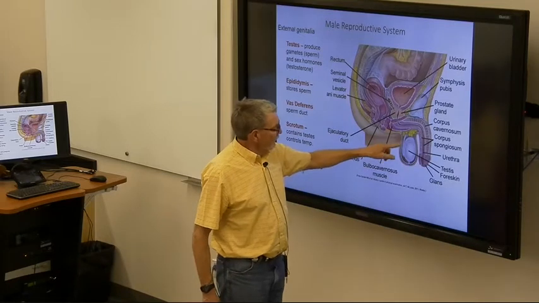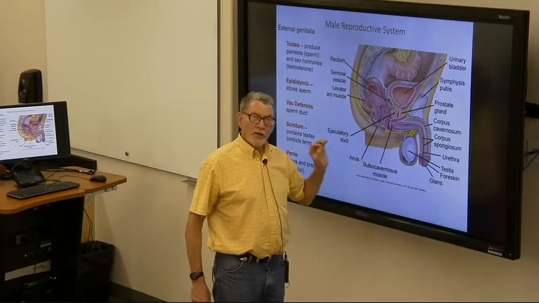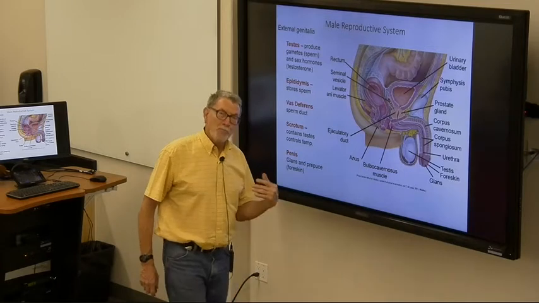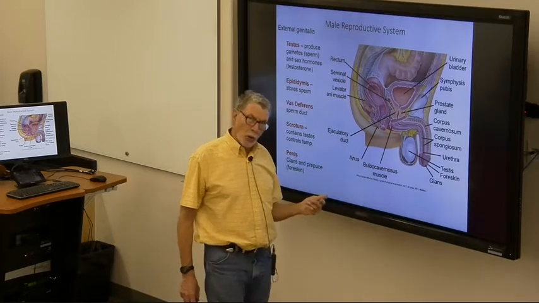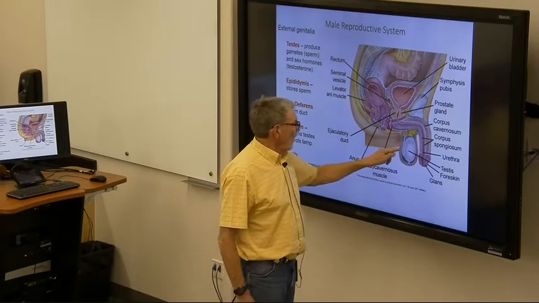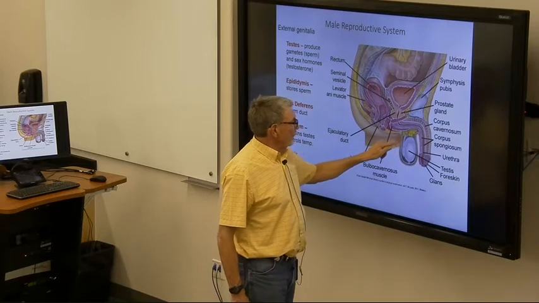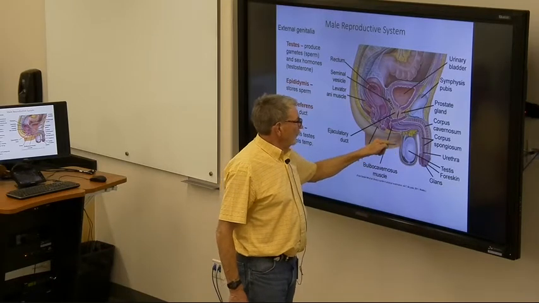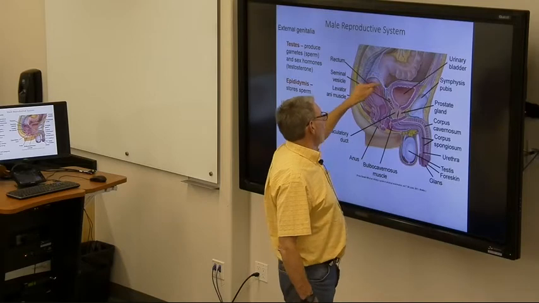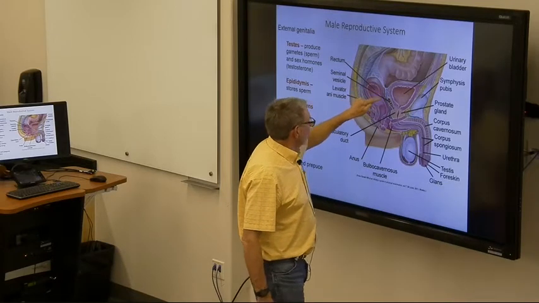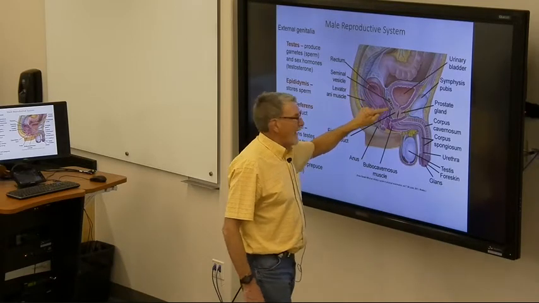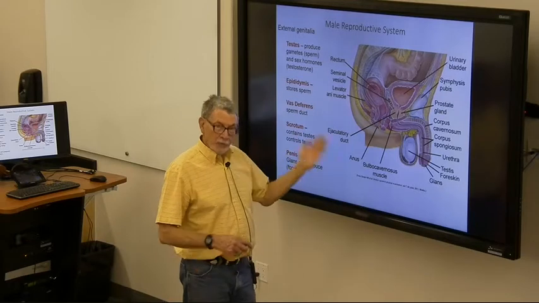The testis, which contains seminiferous tubules that make the sperm, mature the sperm. It's stored in the epididymis. It's released into the vas deferens, which goes all the way around here, comes through the seminal vesicle, which adds some more semen fluid to it.